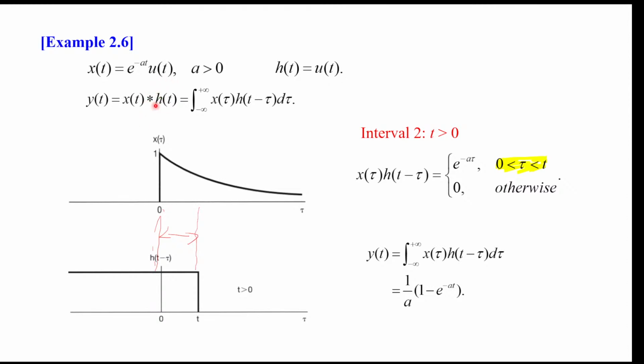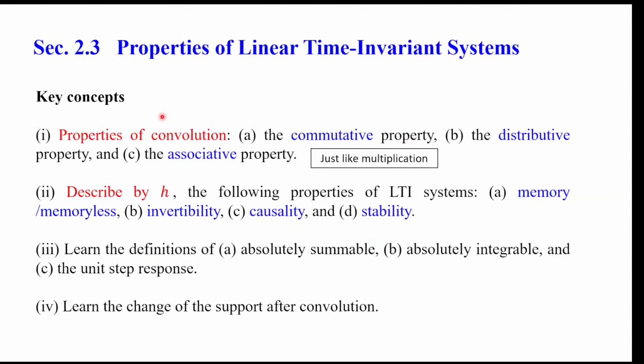Indeed, we will see that it behaves like multiplication, because it has three properties that multiplication of numbers has: commutative, distributive, and associative.